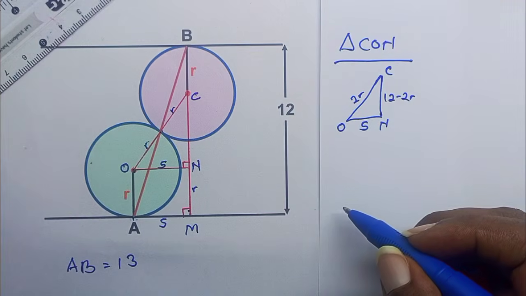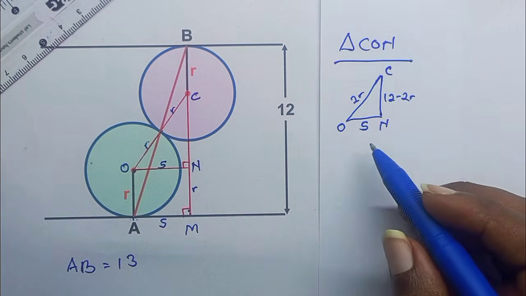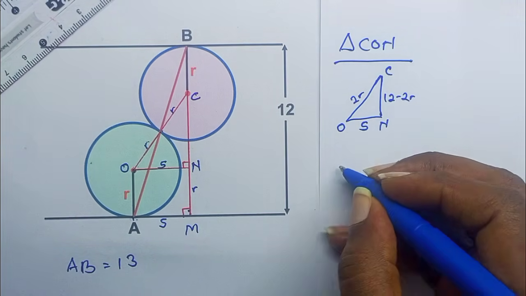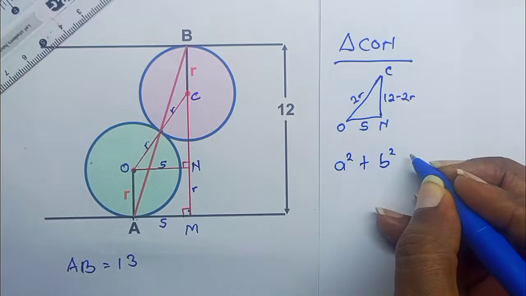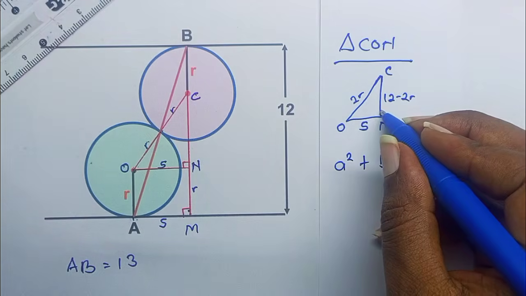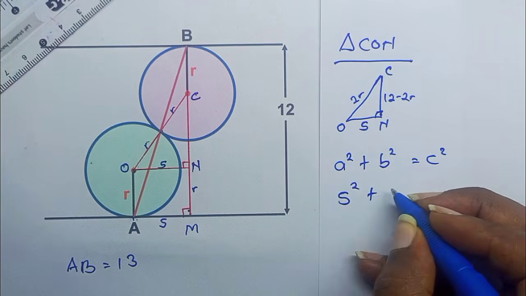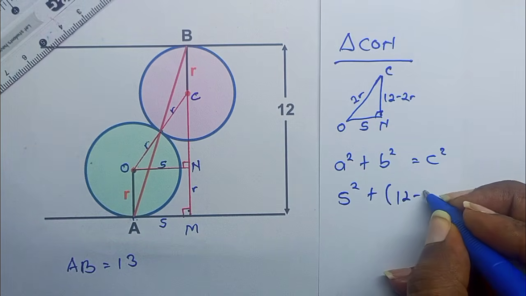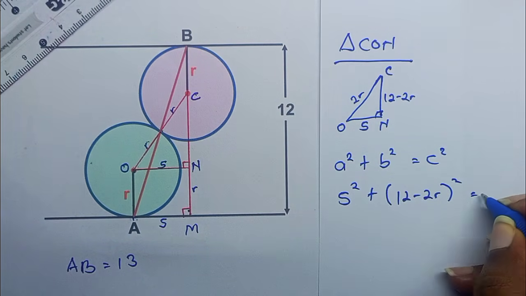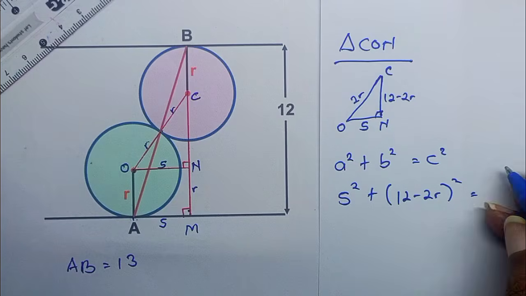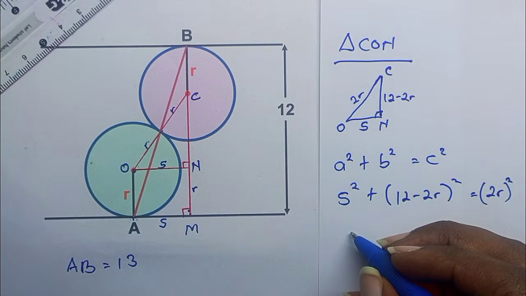So let's use Pythagoras here as well. A squared plus B squared is equal to C squared. So our A is 5, so 5 squared plus our B is 12 minus 2R squared is equal to, our C is 2R. This is also squared.